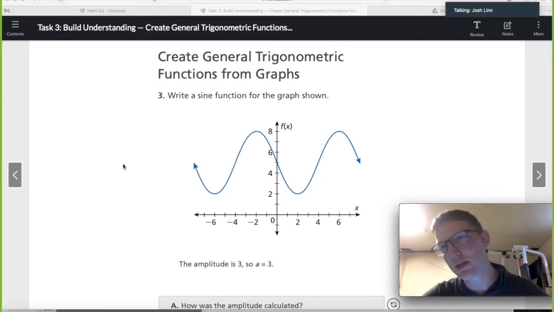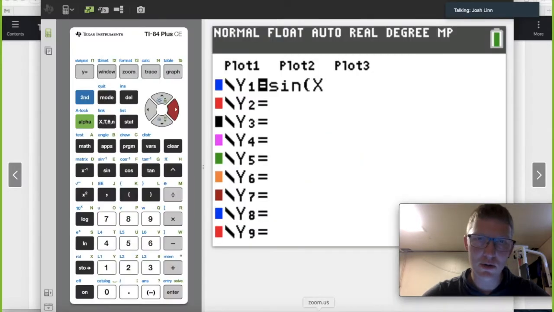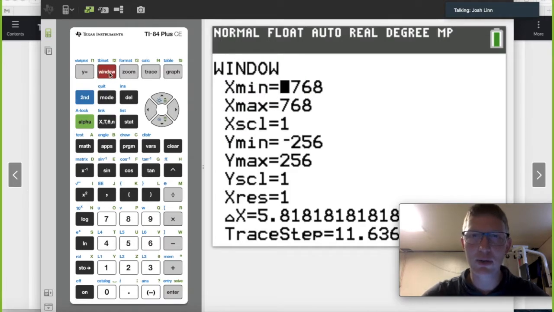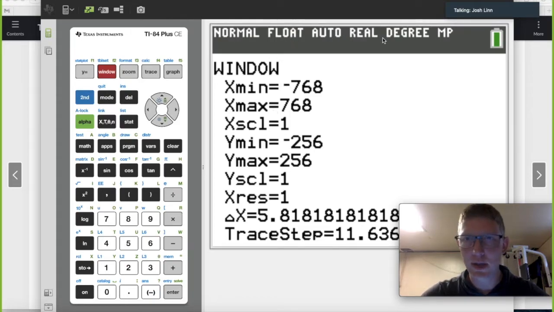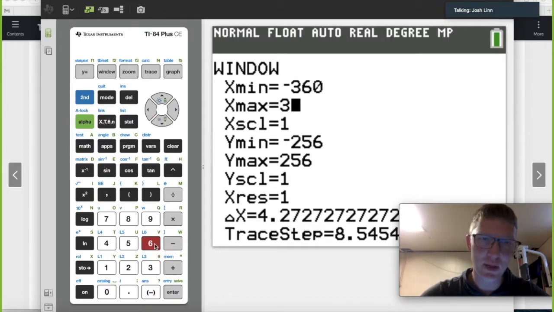I'm not going to give that to you, but you have a calculator, so you can always use it. Worst case scenario, you can always go to your y equals, stick in sine of x. When you deal with your window, that's weird. Note that I am in degrees. So if I want to see a full range of the trig function, you're going to need something like that.